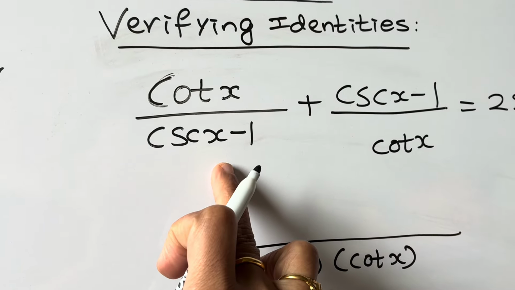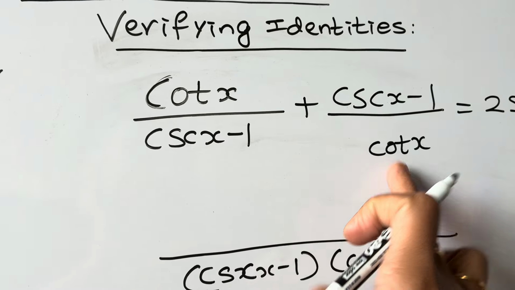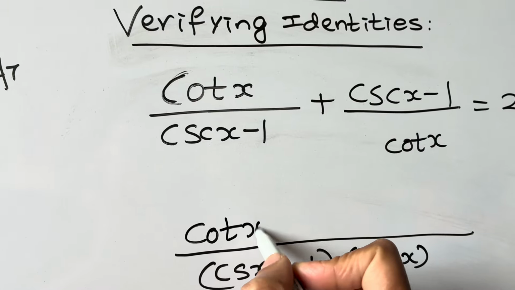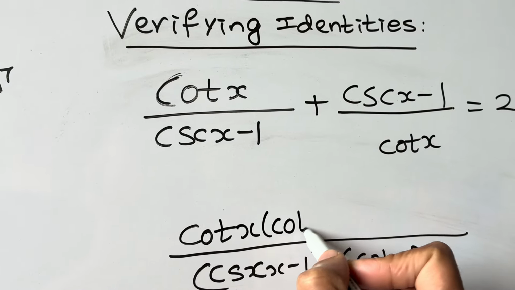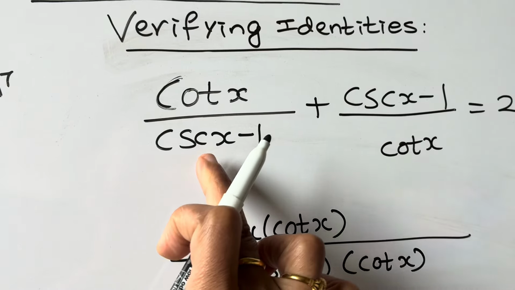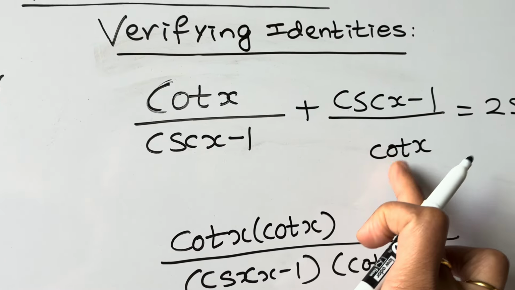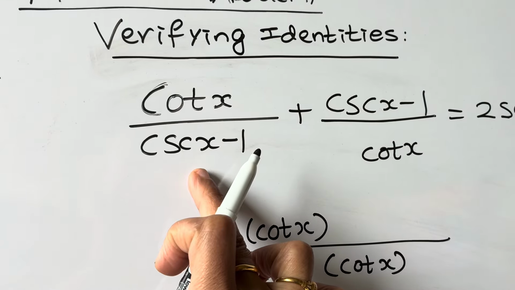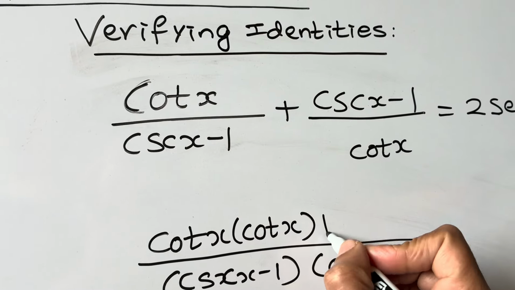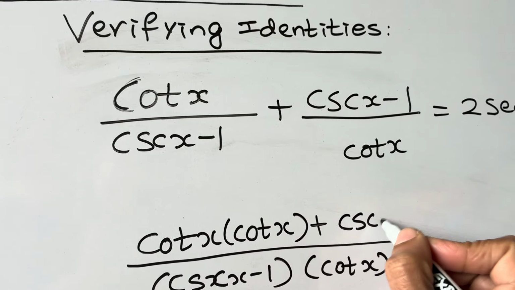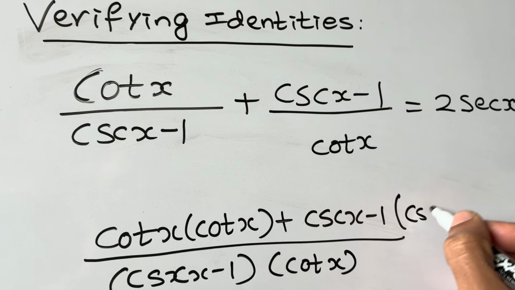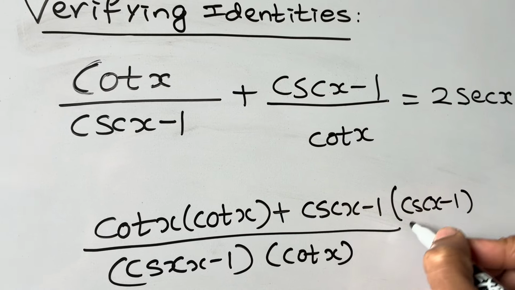And here I'm going to multiply my first fraction's numerator, which is cot x, with cot x because I don't have the cot x over here. And for this denominator I already have cot x, but there is no cosecant x minus 1. Hence I'm going to multiply my numerator, which is cosecant x minus 1, times cosecant x minus 1.